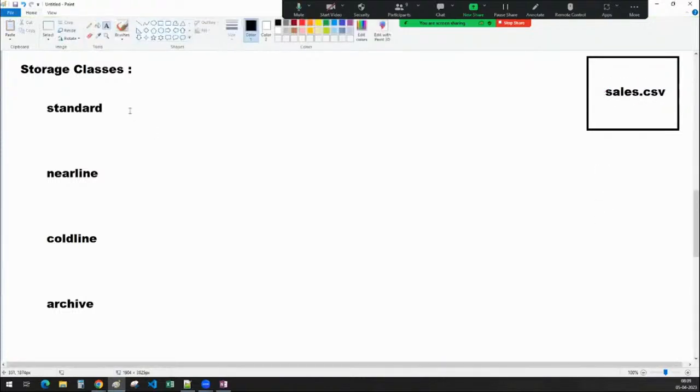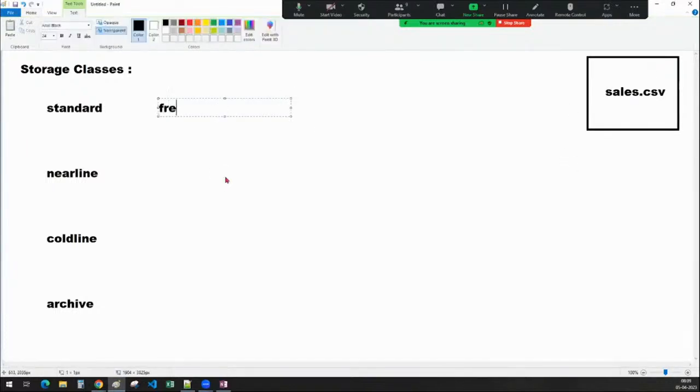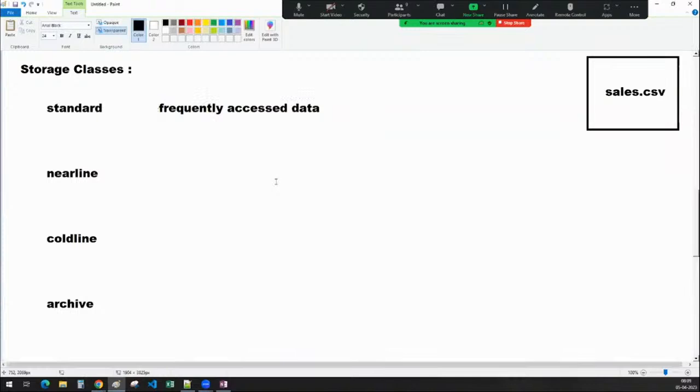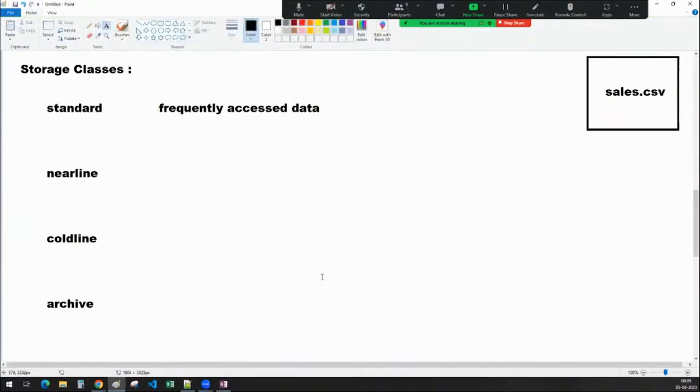In that case, you select the bucket storage class as standard, for frequently accessed data. If you want to access this file frequently, then you can go for the standard storage class of this bucket.